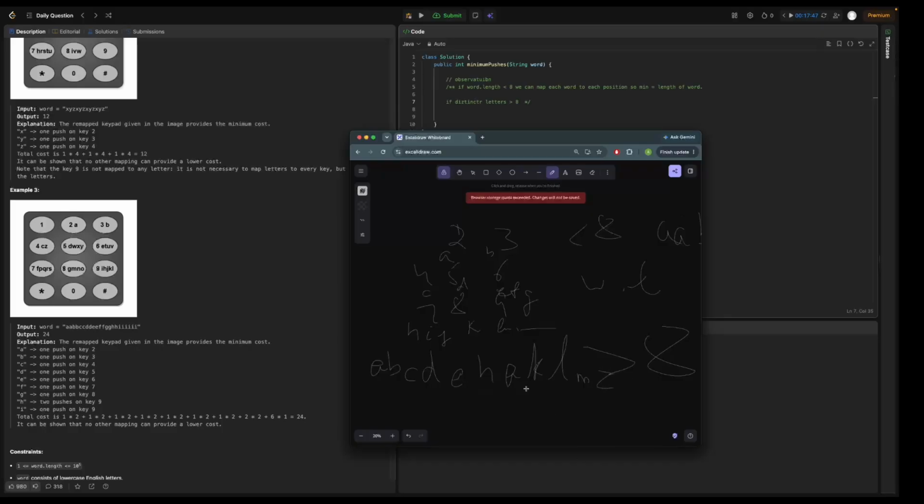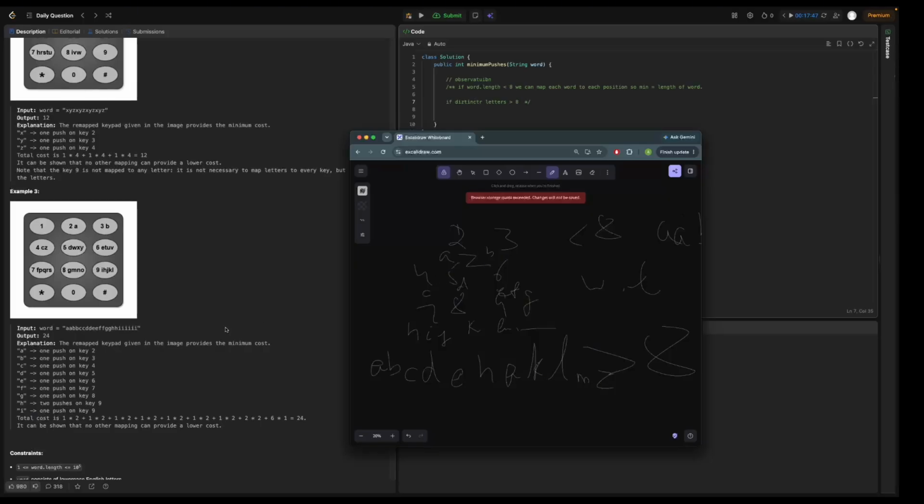It doesn't have to follow any order, right? I could also have a Z here. It doesn't matter. So I need to get frequency. I think the order doesn't matter, because mapping can be done in any order, right?